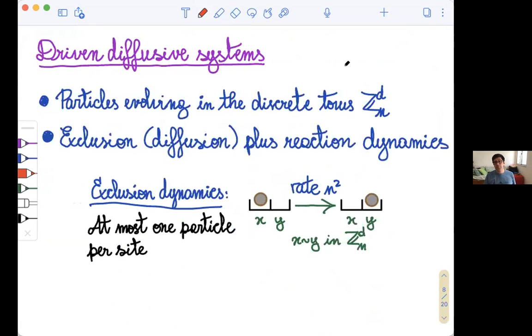So as I was saying, this exclusion process is a particular example of what is called a driven diffusive system. Okay, so the actual system I want to present in this course is not the exclusion process, because in the case of the exclusion process, the stationary state is not translation invariant.